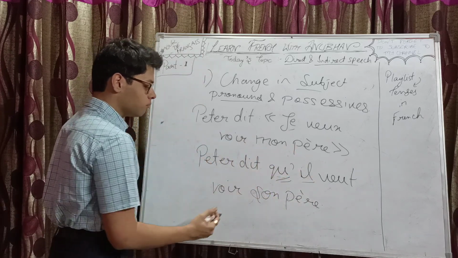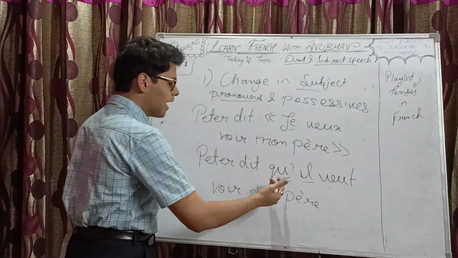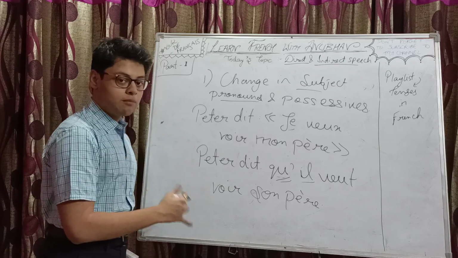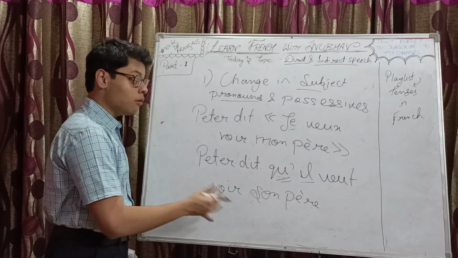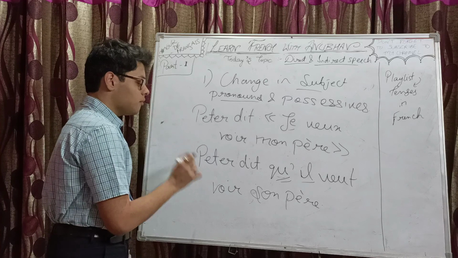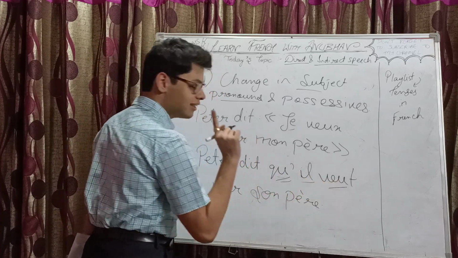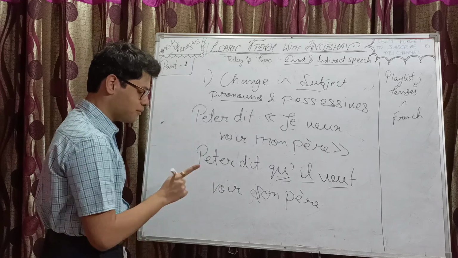Hence it will make a meaning. Peter said that he. Here it would be referencing the statement which Peter said about himself. Right. Peter dit que il veut, the verb. Oh, that's the next point which I'll be discussing, not to be discussed right now.